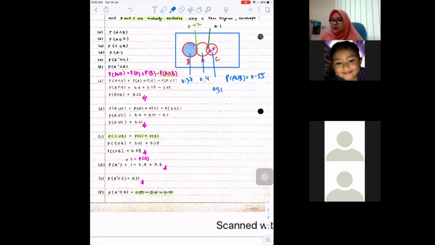Just take the whole value of P(B) and minus P(A intersect B). So 0.37, the whole P(B), minus the intersection 0.22. The answer here will be 0.15.